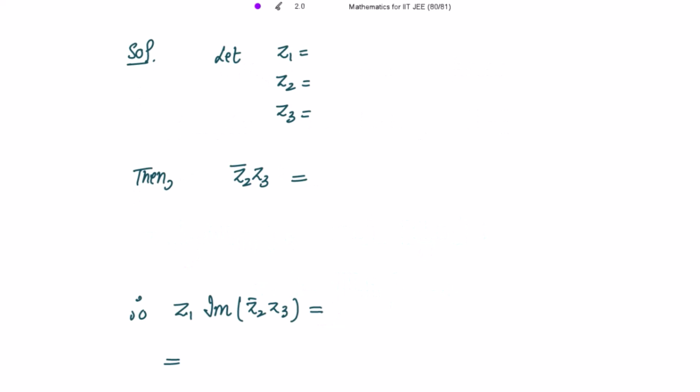Let's take z1 to be x1 plus iota y1, z2 to be x2 plus iota y2, and z3 to be x3 plus iota y3. Then to find out the product of conjugate of z2 and z3, what is the conjugate of z2? That is x2 minus iota y2, into z3, x3 plus iota y3.